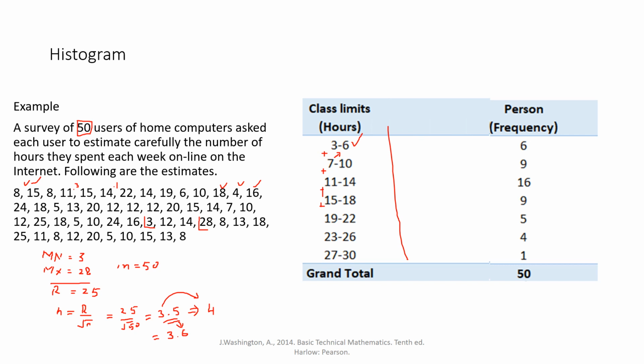Then we count it. For example, where 8 falls, so 8 falls here. Where 15 falls, so 15 falls in this class, so we write a bar. Similarly, when we complete the fifth bar, we write a cross, and so on, 5th, 6, 7, 8, 9.